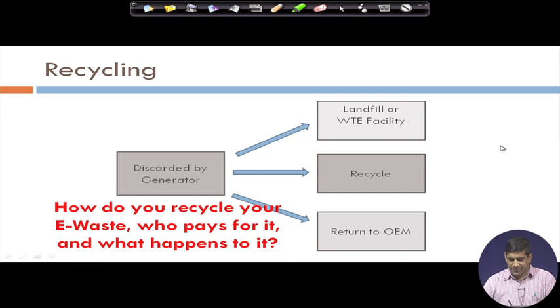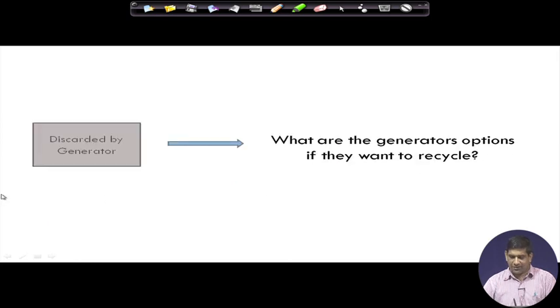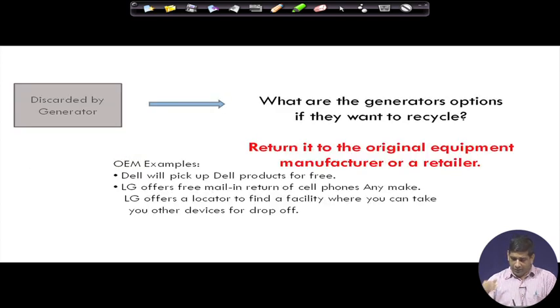Once it's discarded, what are the generator's options if they want to recycle? First of all, they can return it to the original equipment manufacturer or a retailer. As per extended producer responsibility, under the e-waste management rules from 2016, manufacturers have to take your electronics back.